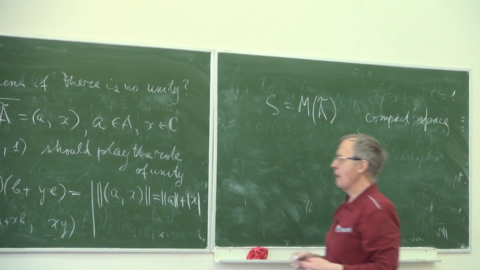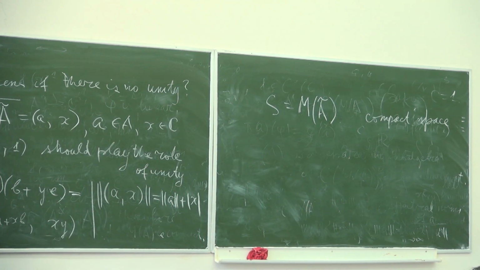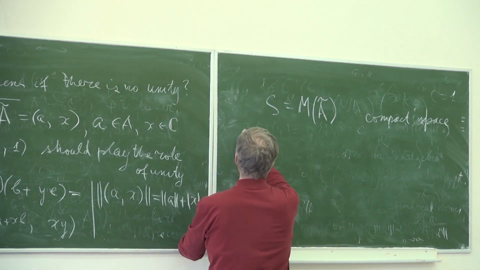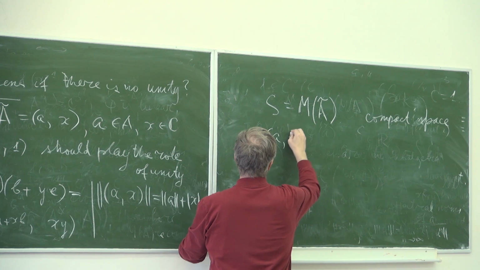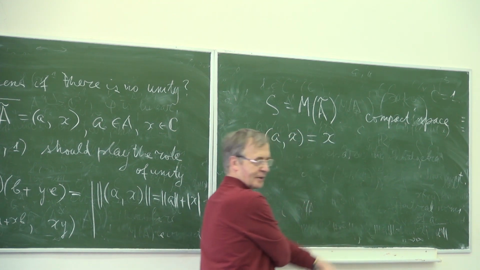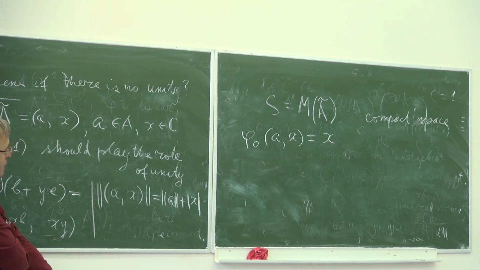On this algebra, there is some distinguished multiplicative linear functional. So consider the functional phi 0 of (a, x) simply equal to x. So this is some distinguished multiplicative linear functional.